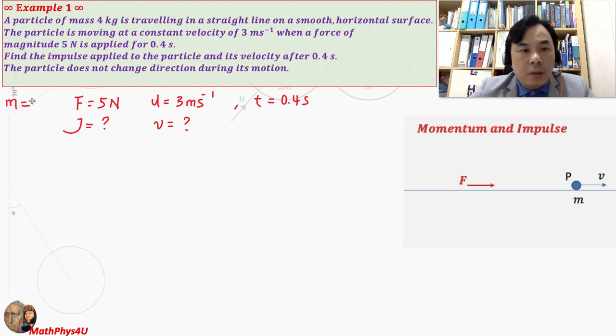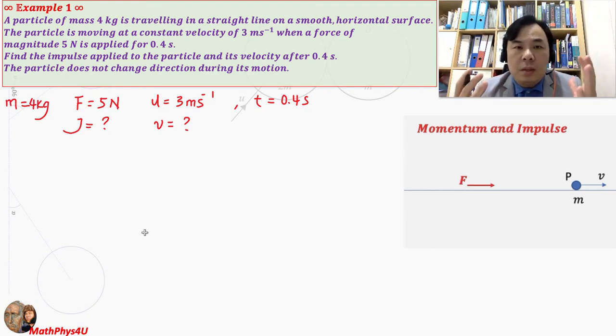It has a mass of 4 kg, so I could have written this one down also. Right, now we have captured all the information required, and we sort of have a visual understanding of how the motion looks from our perspective here. Okay, now we are ready to find its impulse.